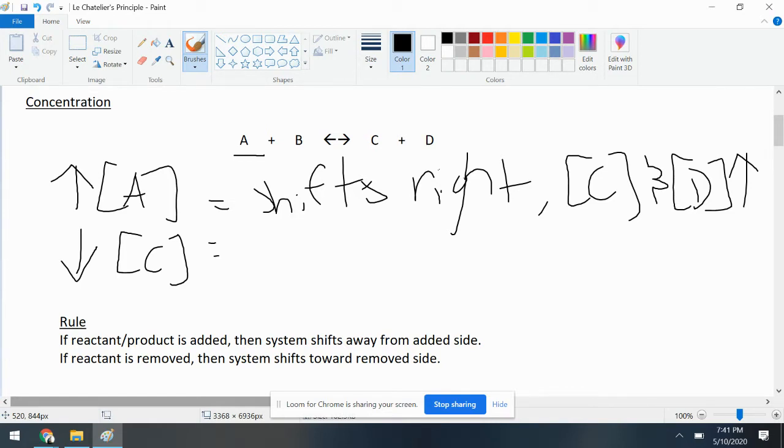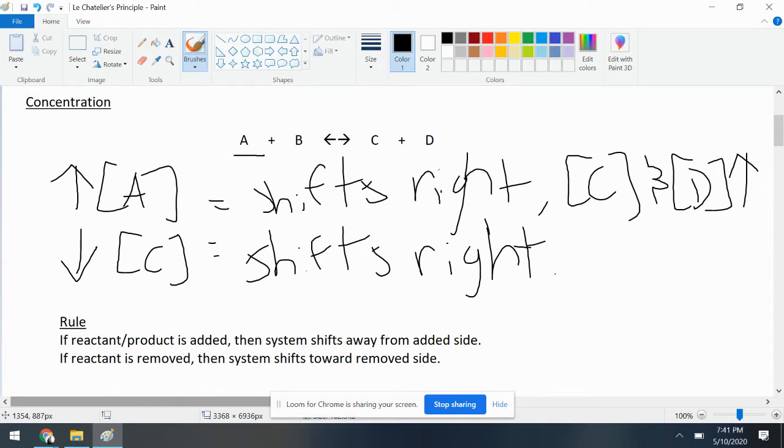So it's going to shift to the right. Why? Just think about it this way: there's less stuff on the right side. Once the reaction shifts to the right, it should bring up the concentration of C and D, making it go back to normal as it was before.